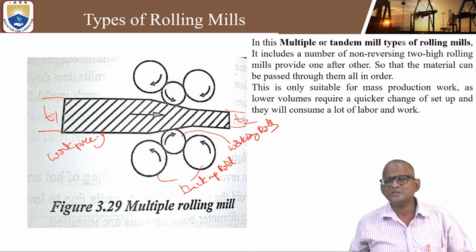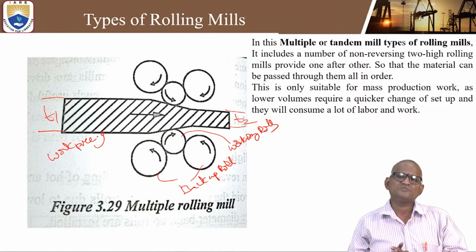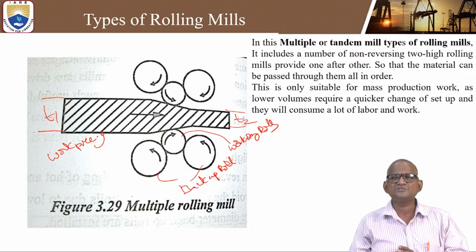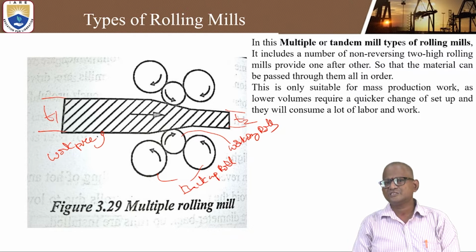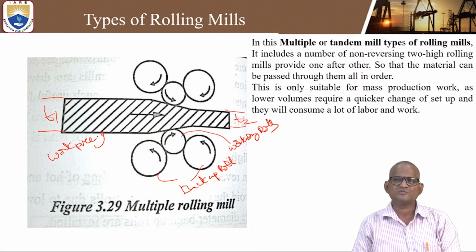And this multiple or planetary or tandem type of mill is used for mass production, and wherever lower volumes require a quicker change of setup, which will consume a lot of labor, work should be introduced in this multiple roller tandem roll mill type.